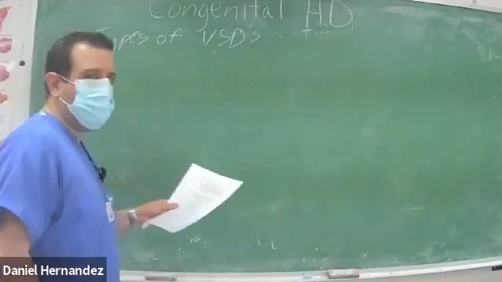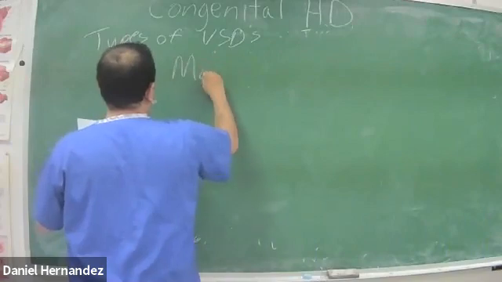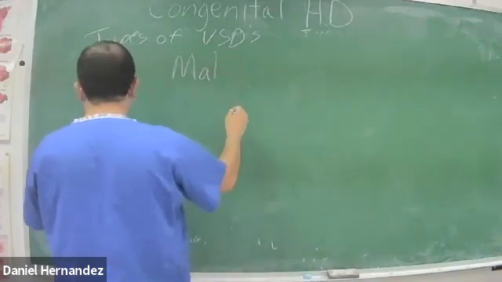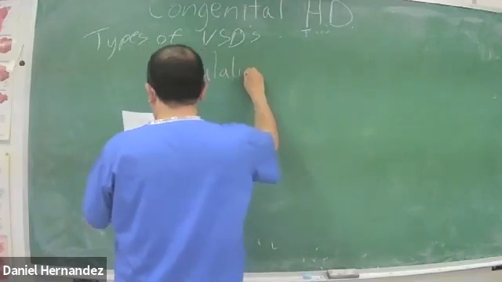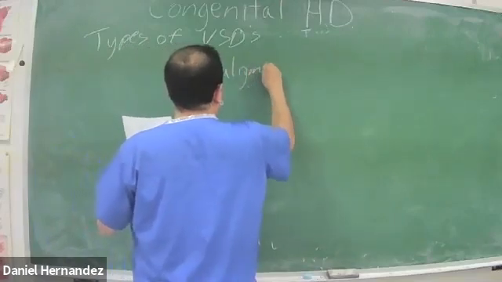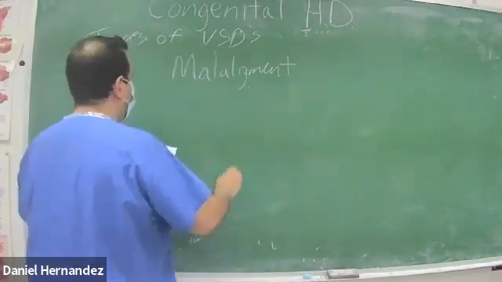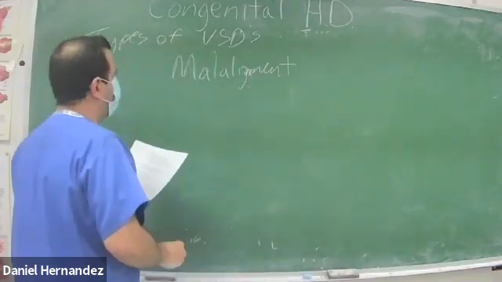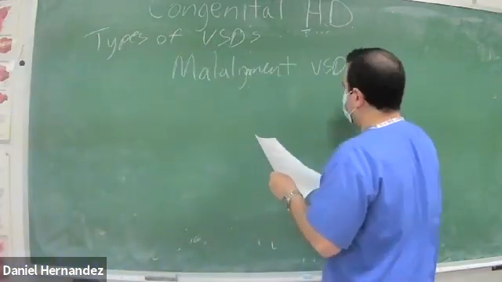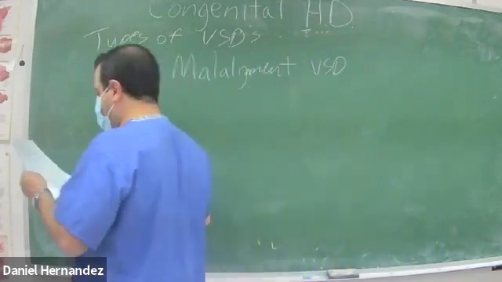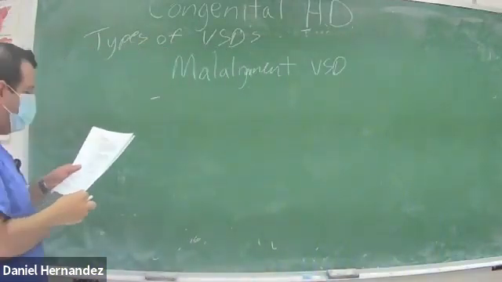So I learned a fifth type of VSD called a malalignment VSD. This is a defect between the outlet and trabecular septum.